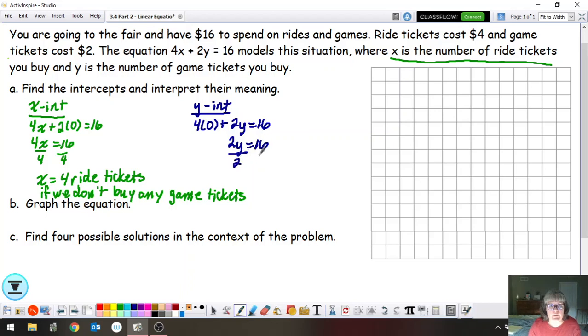Divide both sides by 2, and we have y equals 8 game tickets if we don't buy ride tickets.